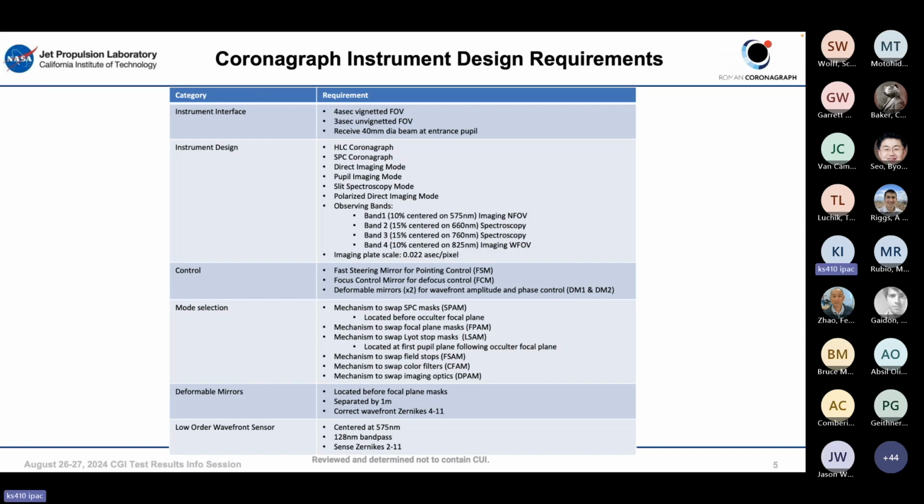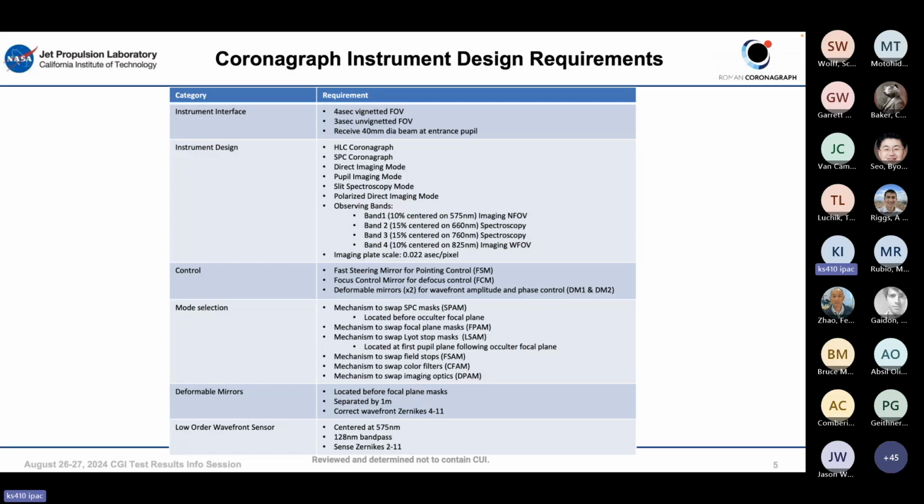with a plate scale of 0.022 arc seconds per pixel at the imaging camera. For controls, we have a fast steering mirror for pointing control at the entrance to the instrument, a focus control mirror to correct for defocus, 2 deformable mirrors for wavefront amplitude and phase control.